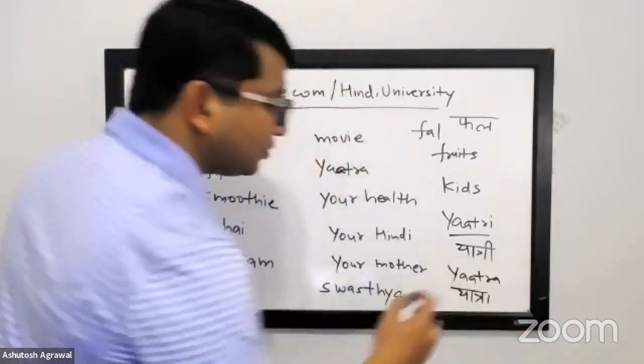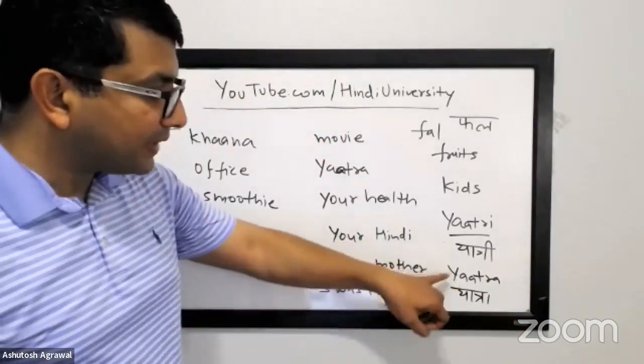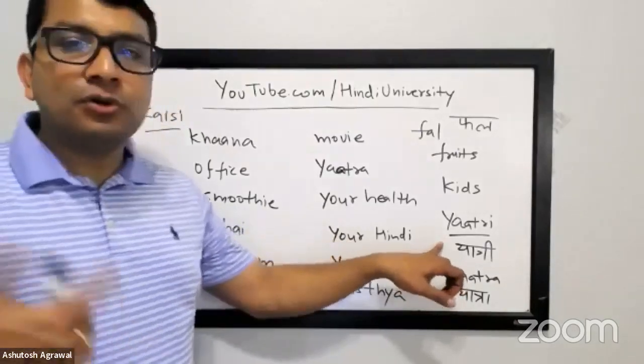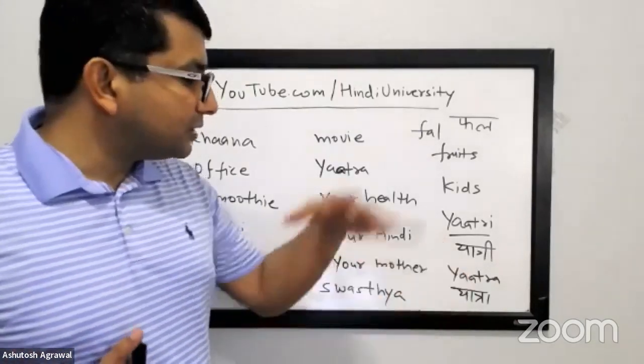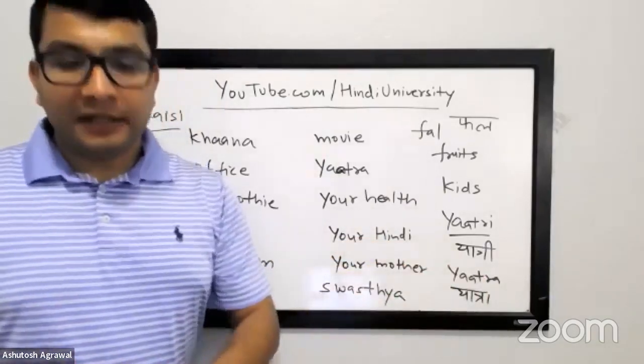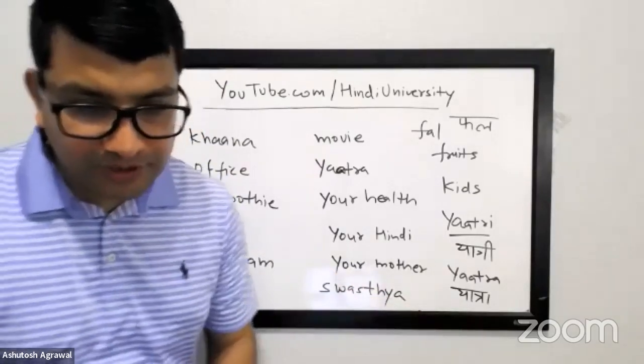So yatri has nothing to do with the gender of the person traveling. That's right. It's neutral. Even in the northern side of India, they will simply use yatri for both male and female. Yeah, good question.